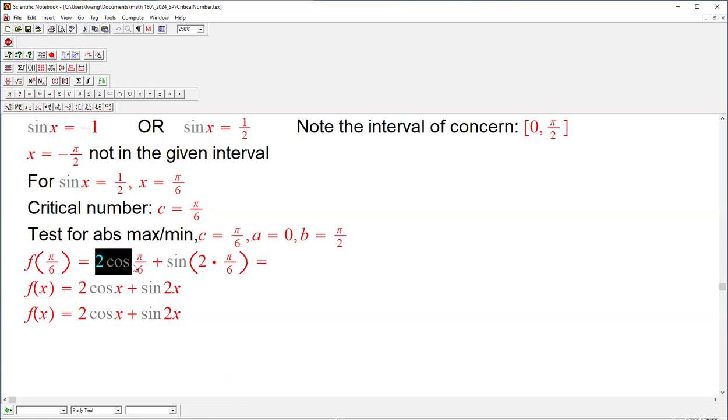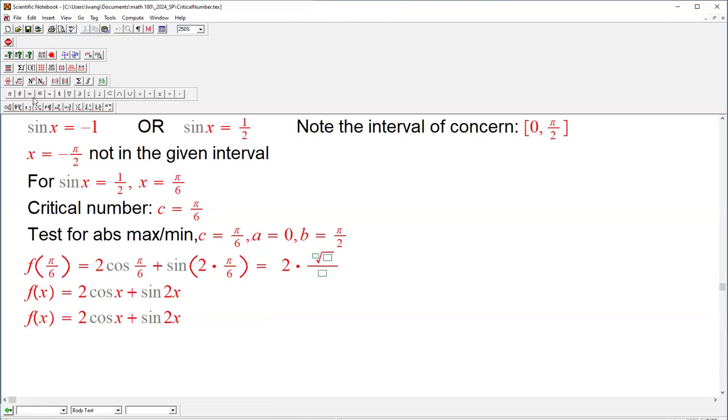Now, cosine pi over 6 is root 3 over 2. Okay, so 2 times root 3 over 2. And the plus sine of 2 times pi over 6, that's sine pi over 3. Sine pi over 3 is root 3 over 2.